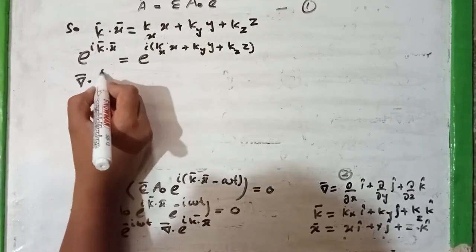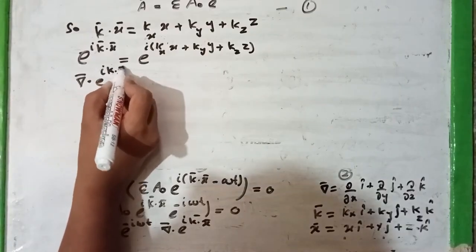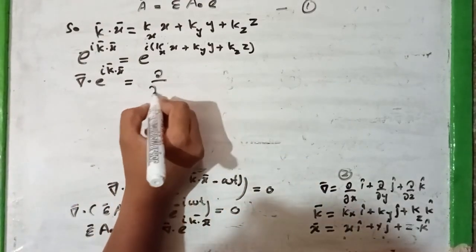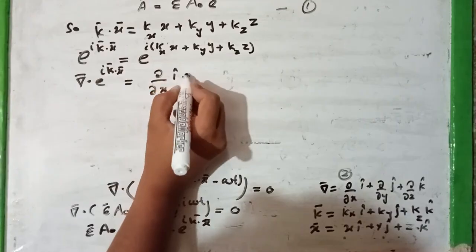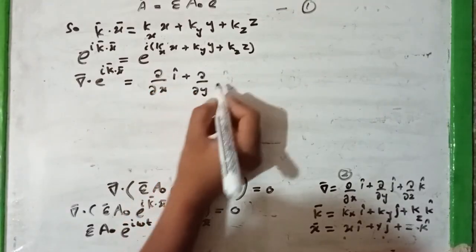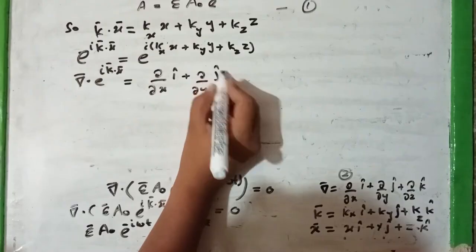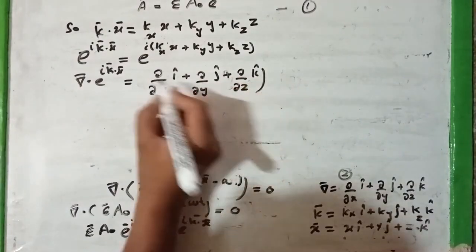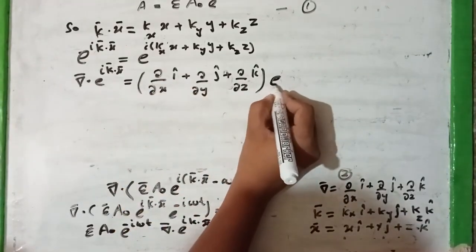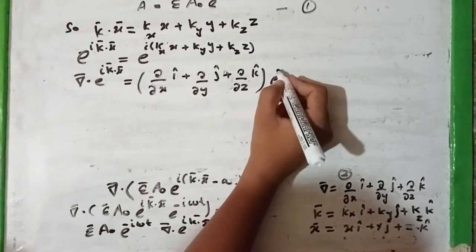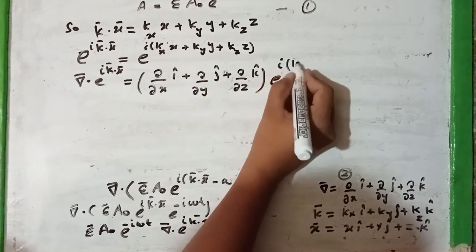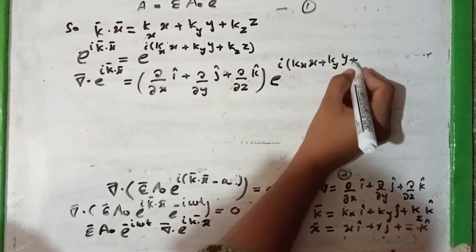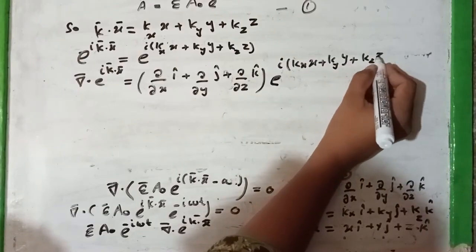And divergence of exponent iota k dot x is equal to (partial over partial x i hat plus partial over partial y j hat plus partial over partial z k hat) acting on exponent iota (k x x plus k y y plus k z z).